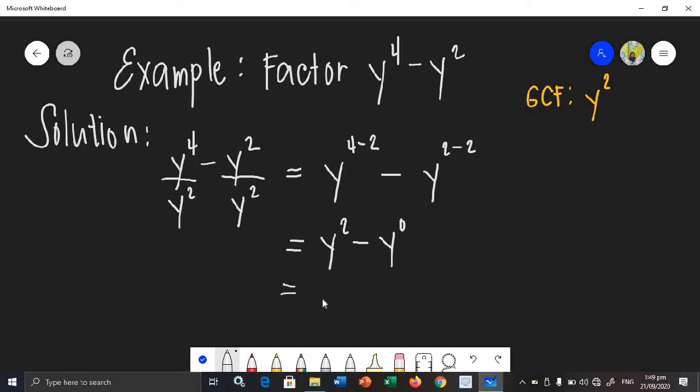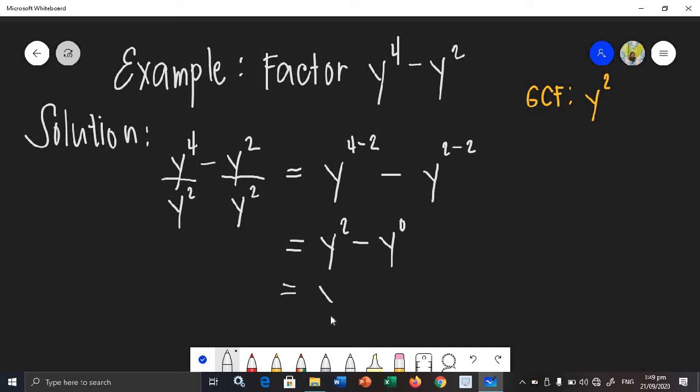And then, ito na ba yung final answer? No. Meron pa tayong kailangan i-simplify, which is this expression. So, di ba last year, I told you na any number, kahit gaano pa siya kalaki, kahit gaano pa kadaming variable, pero kapag naka-raised sila sa 0, automatically that will be equal to 1.